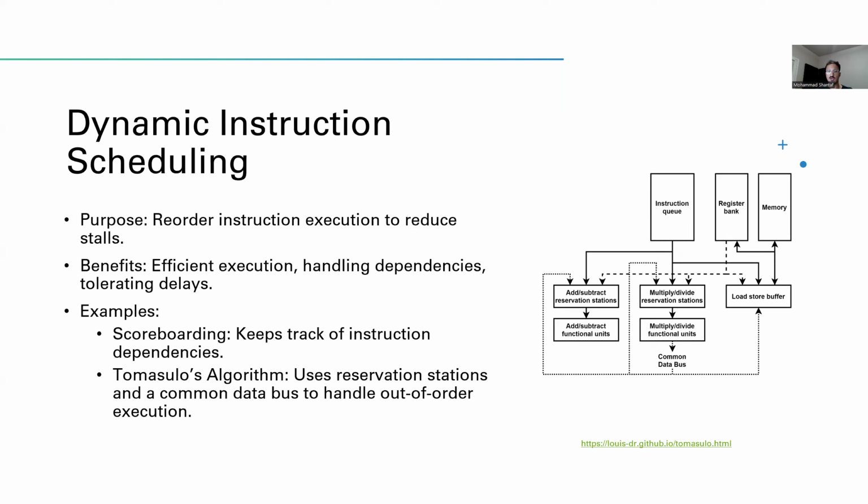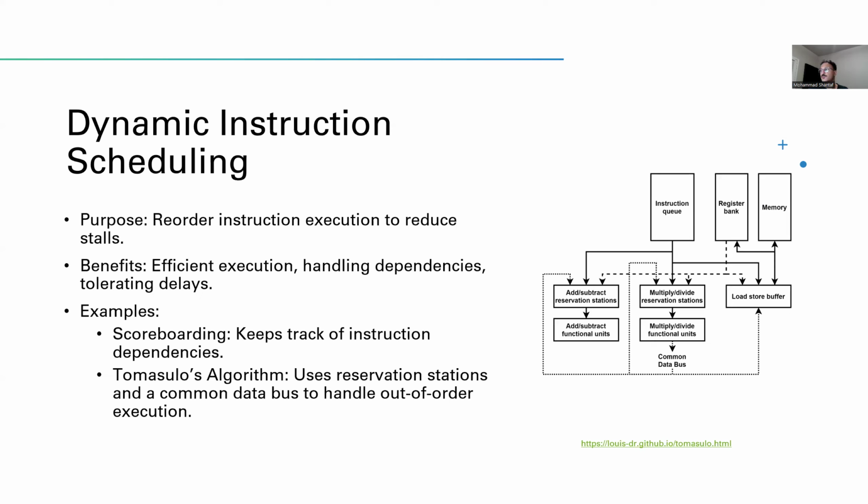Examples include scoreboarding scheduling and Tomasulo's algorithm. Tomasulo's algorithm uses reservation stations and a common data bus to handle out of order execution.